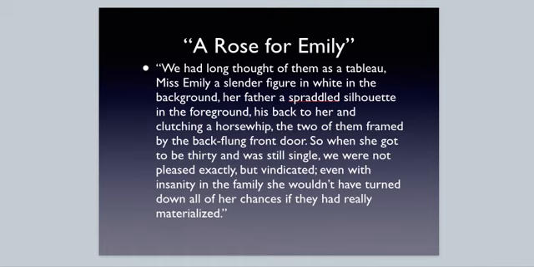Miss Emily, a slender figure in white, in the background her father, a spraddled silhouette in the foreground, his back to her, and clutching a horsewhip, the two of them framed by the back-flung front door. So when she got to be 30 and was still single, we were not pleased exactly, but vindicated. Even with insanity in the family, she wouldn't have turned down all of her chances if they had really materialized. Notice the tone here.